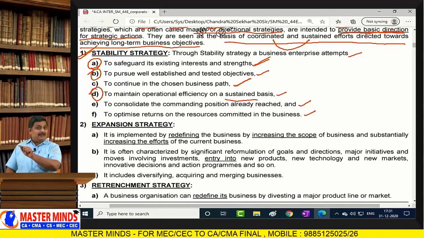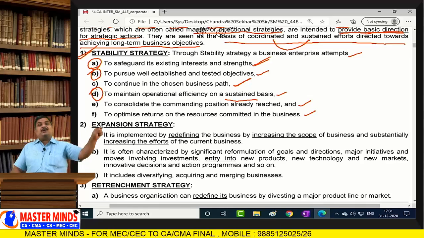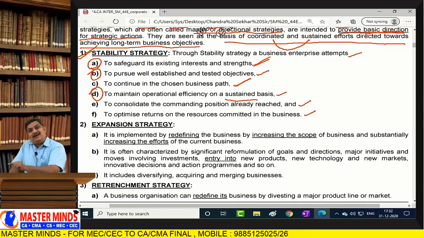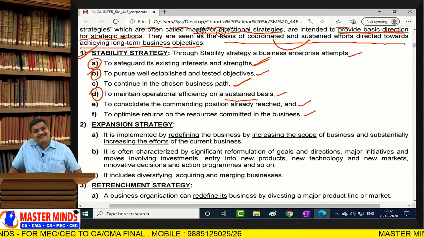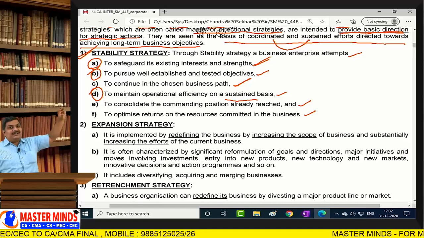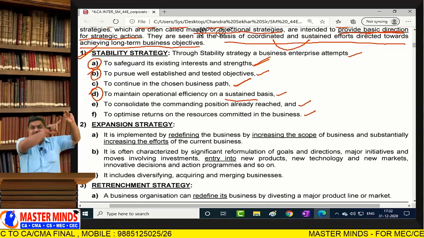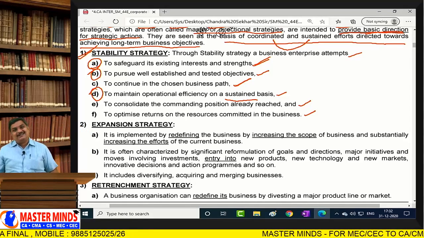Finally, I'll connect all these things and tell you the relationship between corporate level, business level and functional level strategies. For example, at the corporate level, if a company wants to maintain a stability strategy, immediately at the business level, it has to follow a cost leadership strategy. Why?